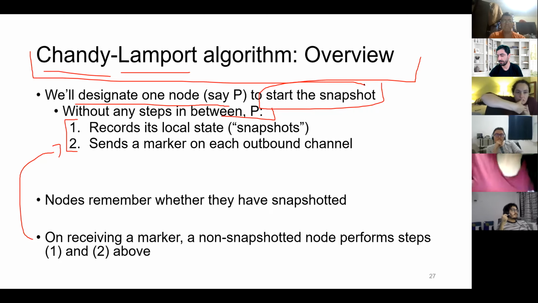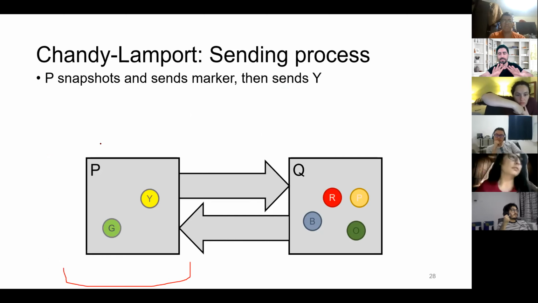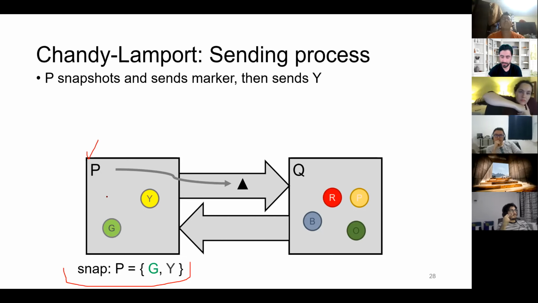In this scenario we have just two processes. So process P starts taking the snapshot. I take the snapshot, then I send the marker. I don't need to record any state of the channel, no matter if there are packets there. I don't need to record this.